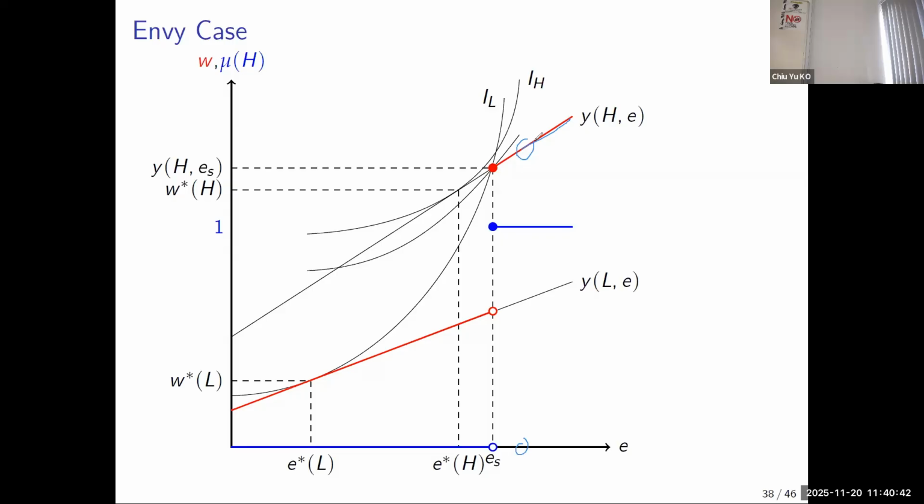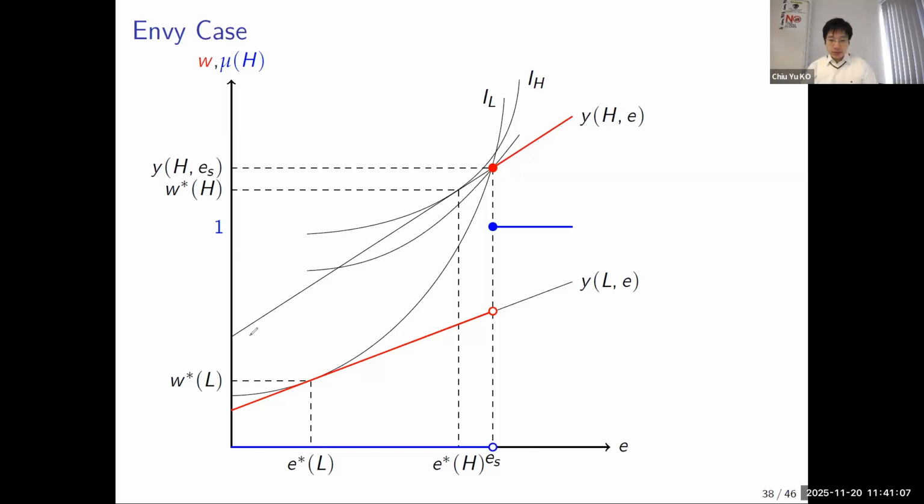But this will not be the case, because getting this education is dominated for the low type. The low type will say, okay, I don't want to do that, I will just do this. Right? In that case, it's an off-equilibrium offer, but it can't be true. Okay? So that's why we are left only with this type of equilibrium we have seen already. Okay.